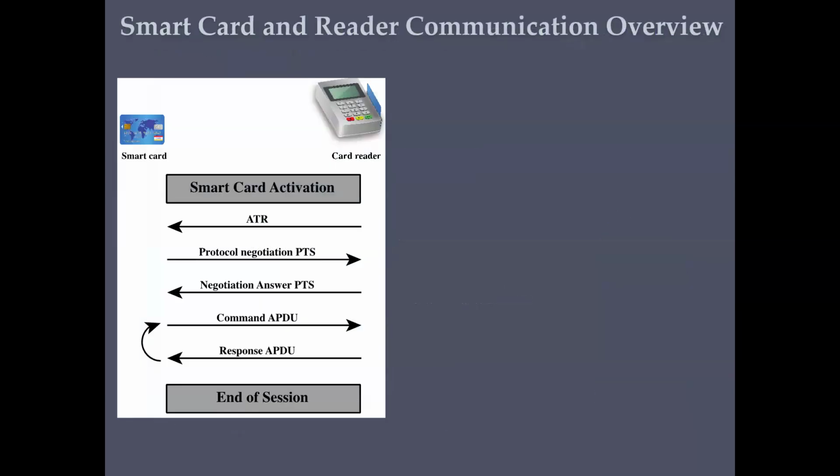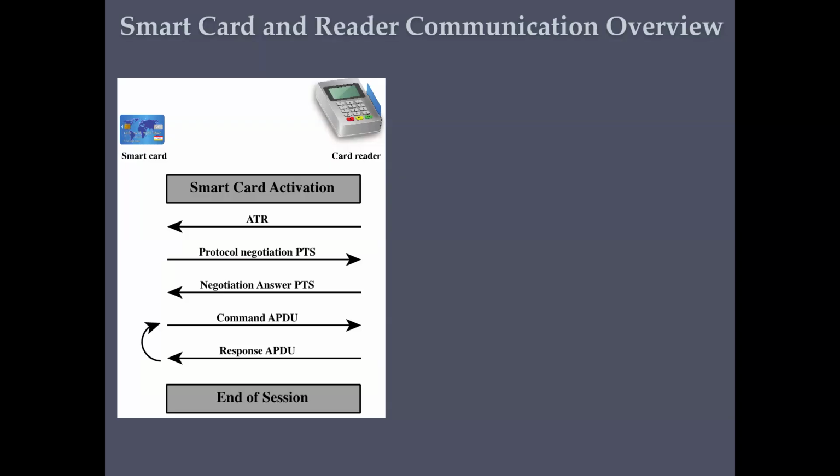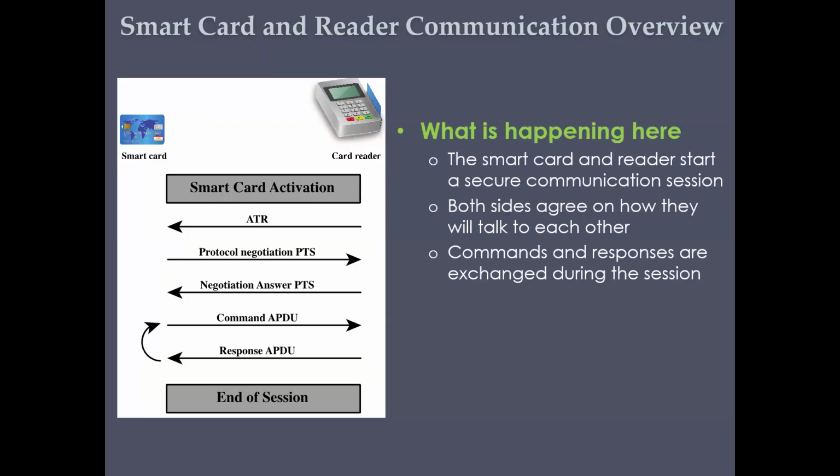So this is how it would work, right? For smart card and reader communication, we have a smart card, which is a physical token, and we have a card reader. This is the architecture, or you can say the steps involved. If we have a memory card, the authentication is not done by that memory card. Smart cards, they can do authentication.